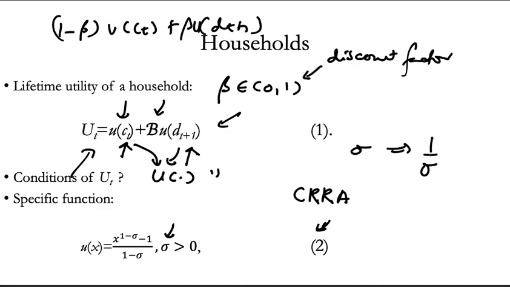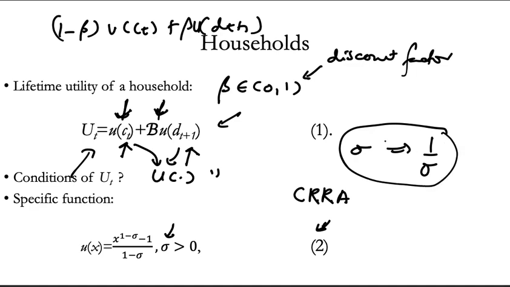Because in the study of OLG, we have two different types of consumption, during young and during old. So that's why we have intertemporal in terms of time. Some people may want to consume more during young, saving more, and then consume less during old, isn't it? Or the other way around. So this one can measure that.